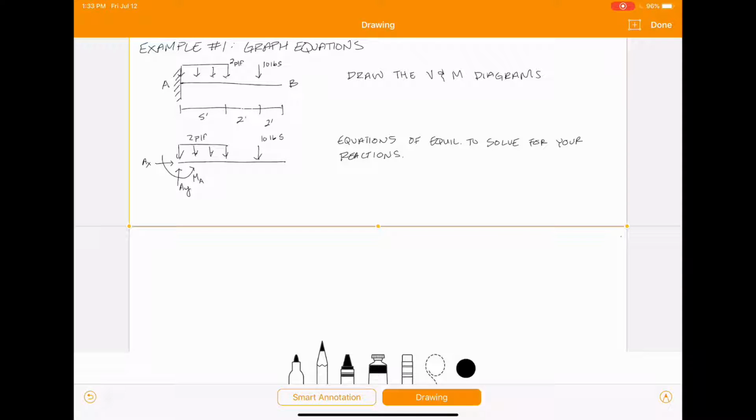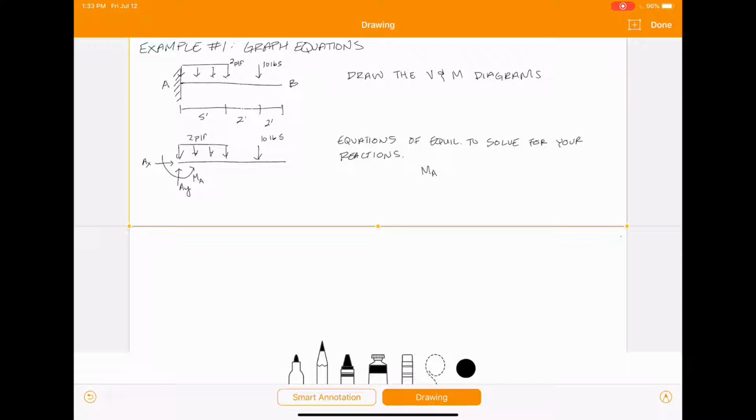I already solved for the reactions previously. If you don't know how to solve for these reactions, go ahead and head back to our equilibrium of a rigid body video, and there it will explain to you how to find reactions. But for now, I'm just going to give those to you because I already solved for them.